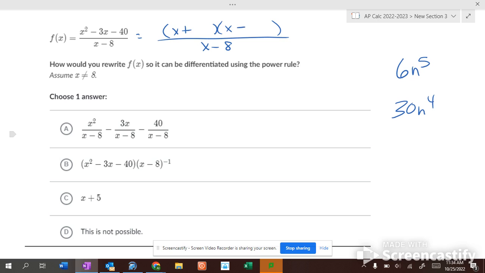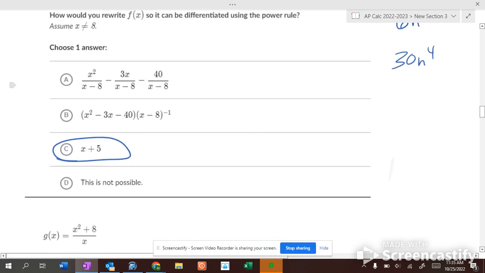So it's negative 8 and a positive 5. These cancel, and you would simplify it to x plus 5 and then do the power rule to that. So you need to simplify it before you can do the power rule. So how would you rewrite that? You would divide. Are all of them going to be that simple? No.